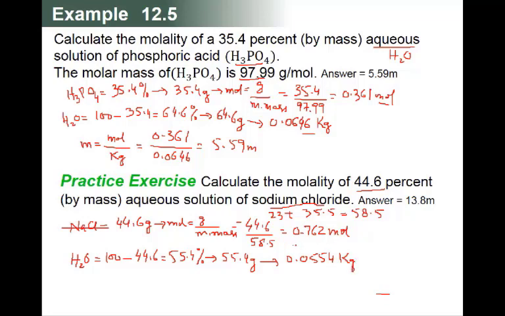So now this divide mole by kilogram, that will give you the answer, but let me write the formula. So molality is equal to mole of the solute divided by kilogram of the solvent.